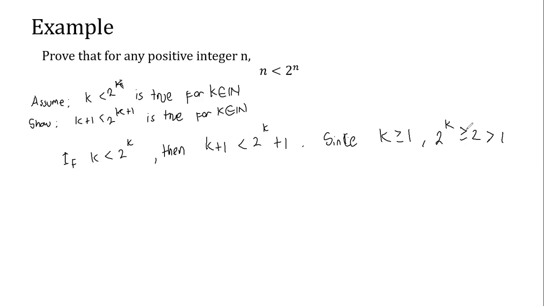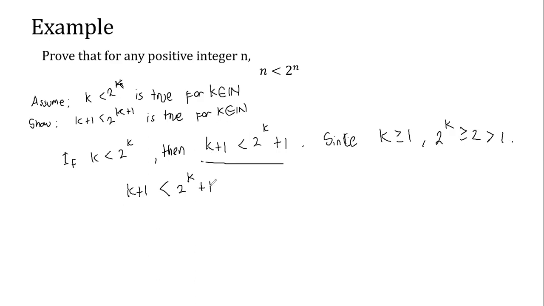Okay? Now, para saan ba yan? So, gagamitin natin siya kasi yung k plus 1, that will be mula dito sa ano natin, ito. This is less than 2 raised to k plus 1.